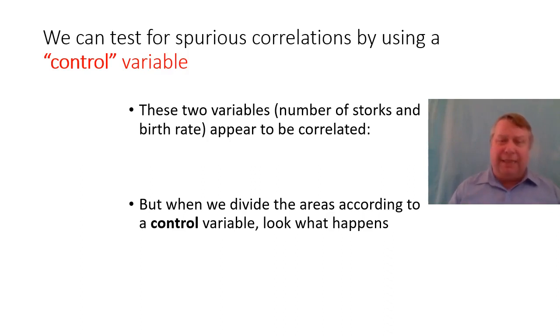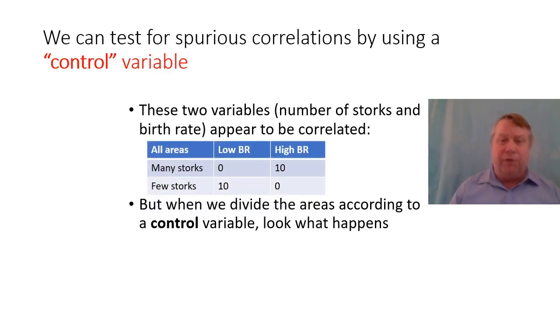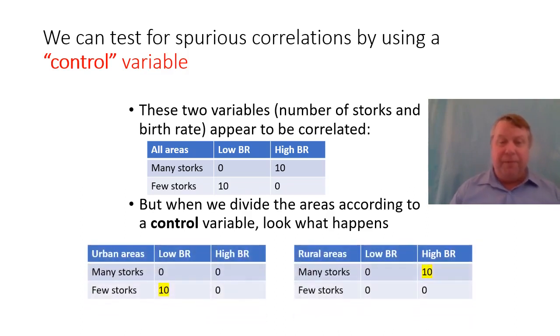So we can test for a spurious correlation by using a control variable, by taking that third variable into account. So for example, look at this table. These two variables, number of storks and birth rates, appear to be correlated in 20 different areas that we've looked at. But when we divide the areas according to our control variable, look what happens.